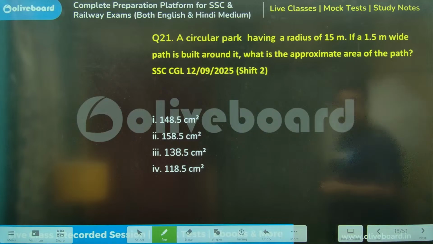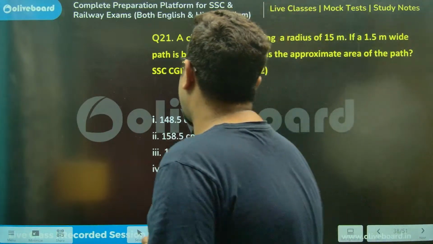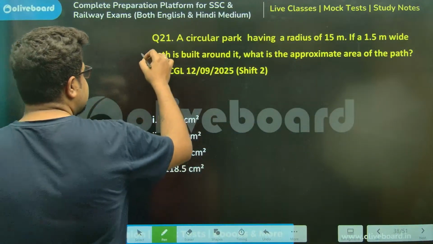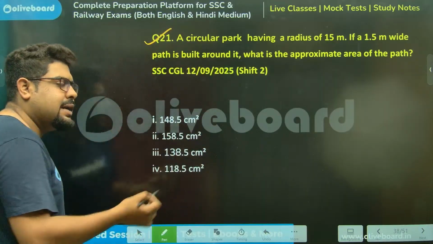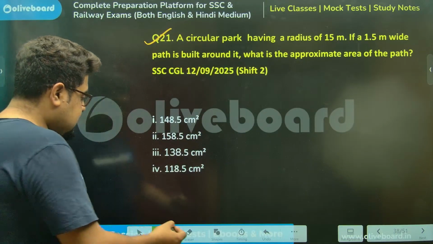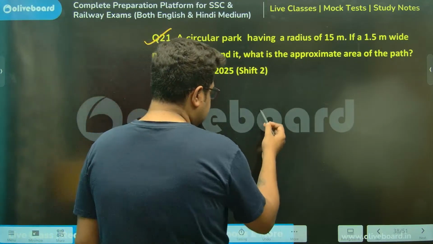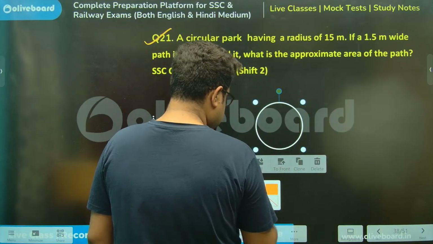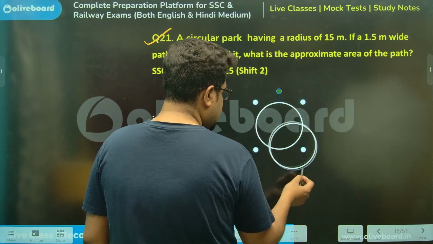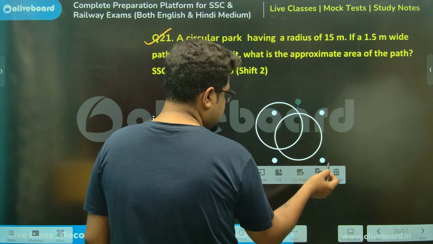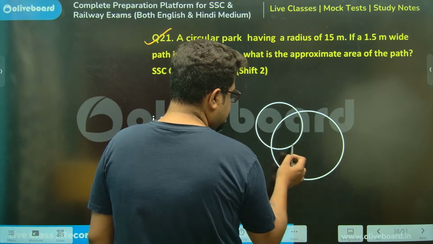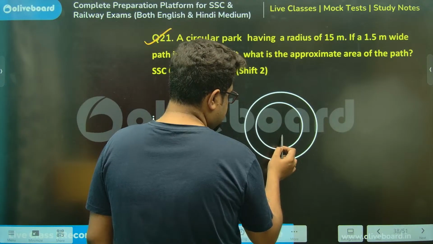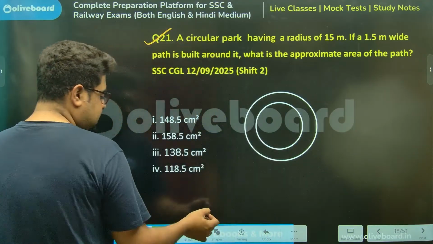A 1.5 meter wide path is built around it. What is the approximate area? So again, a ring. So it's like there is a circle, right? And they have made a path around it, sir.